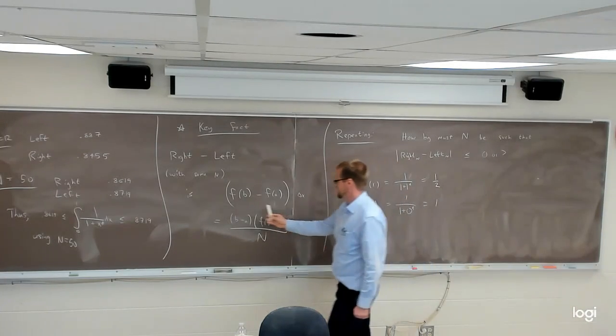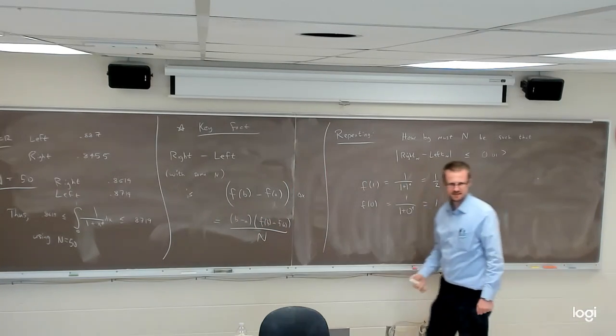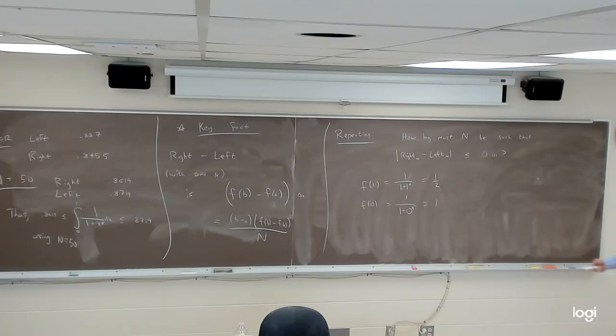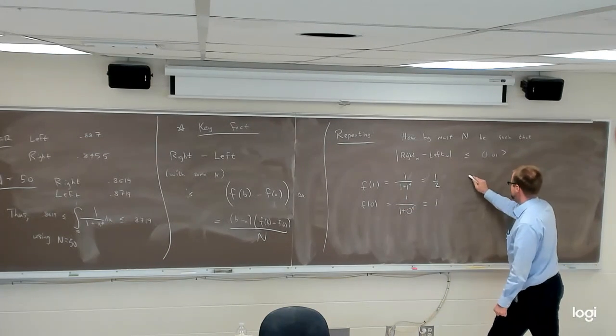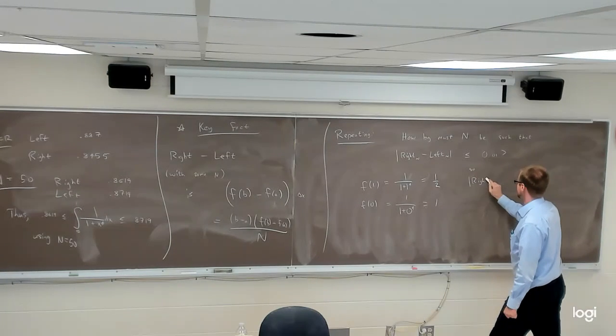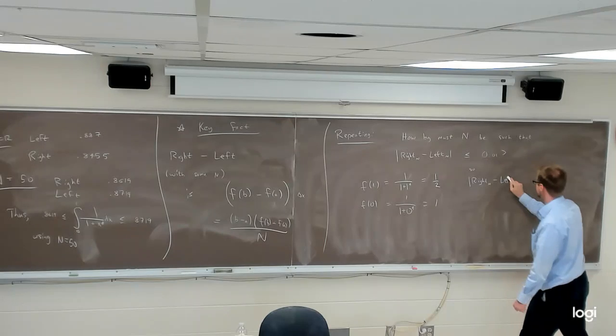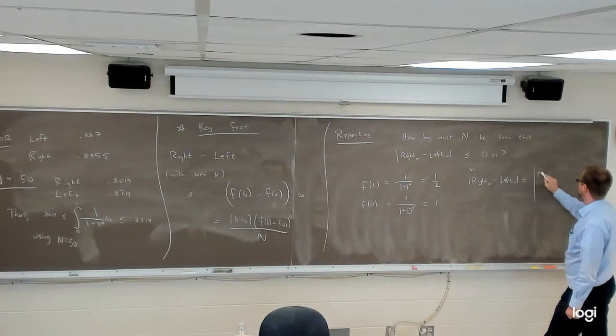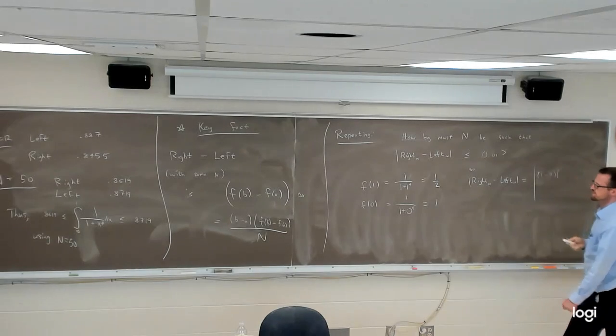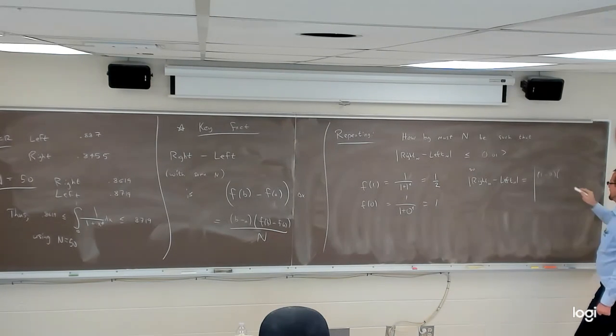So I just need to figure out how big this expression is. And b and a are 0 and 1. So the difference between right sub n and left sub n is, well, 1 minus 0, times a half minus 1, over n.